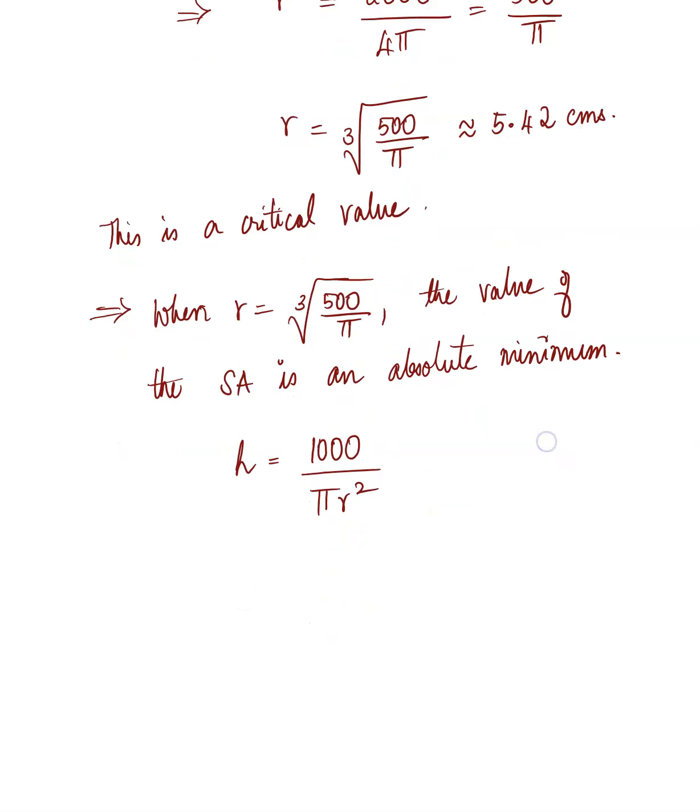And now we got the r value. So that's going to be cube root of 500 over pi. That's your r. You're going to square that. Pi r squared.